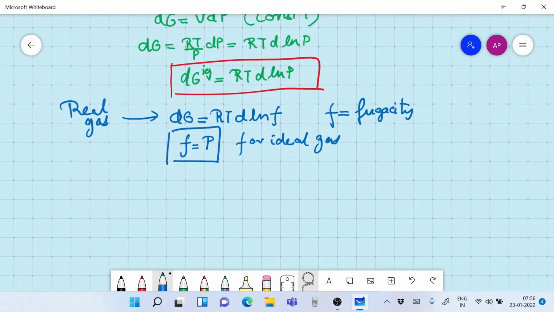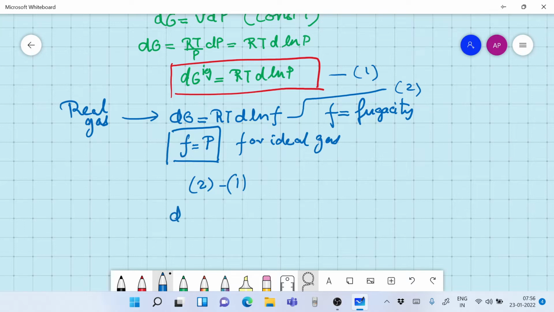Now, there is one more concept introduced here. That is, we take the difference of equation number 1 and equation number 2. So we take 2 minus 1.